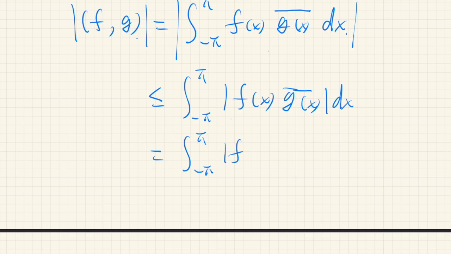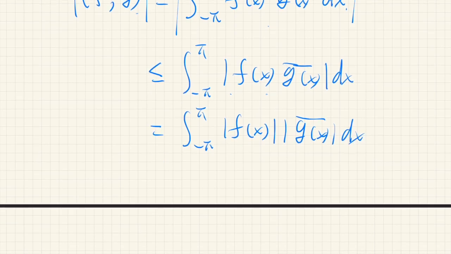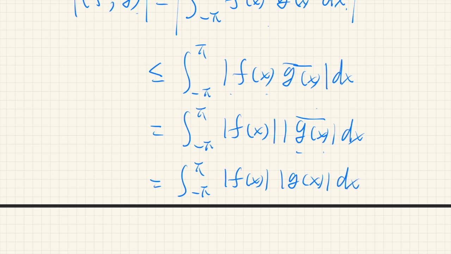The modulus of a product is the product of the moduli, right? So we can split this like this. But the modulus of the complex conjugate is just the same as the modulus of the original complex number. So this is equal to the modulus of f of x times the modulus of g of x.